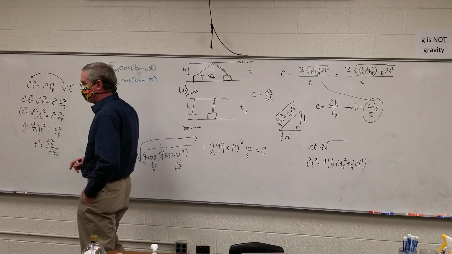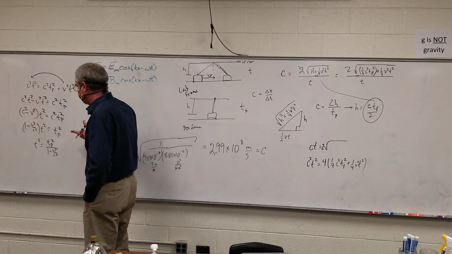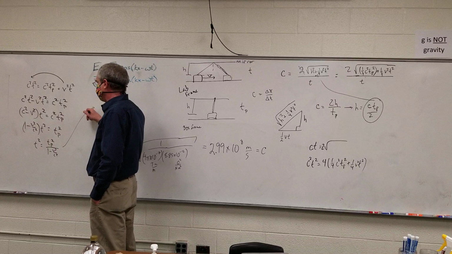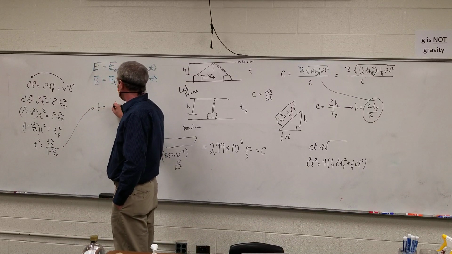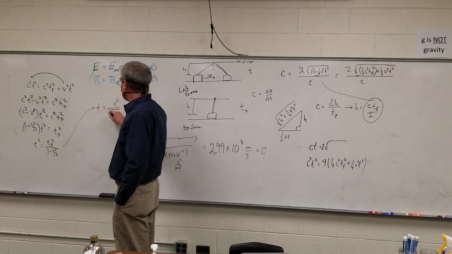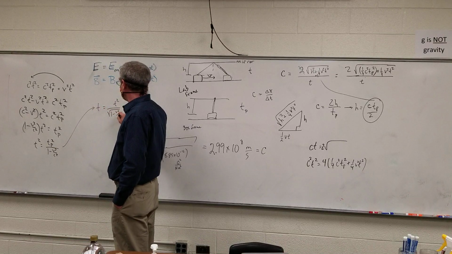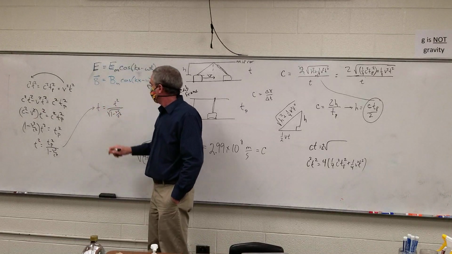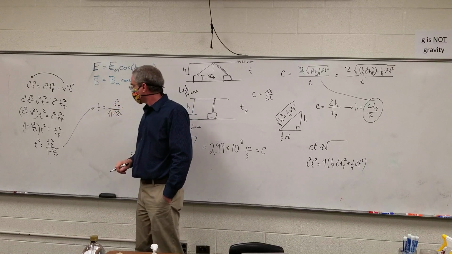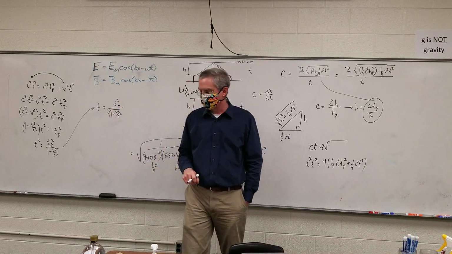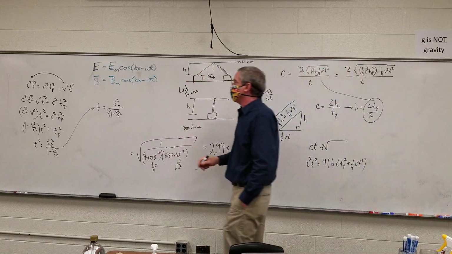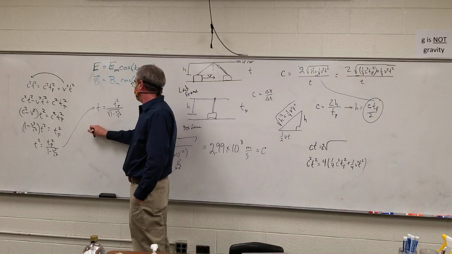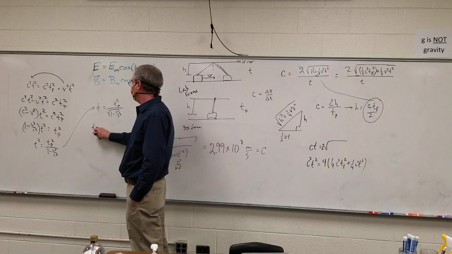I don't have to worry about the pesky plus or minus here when you take a square root, because negative time really doesn't make sense here. So I'm left with t is equal to tp over the square root of 1 minus v squared over c squared. This is the equation for time dilation.